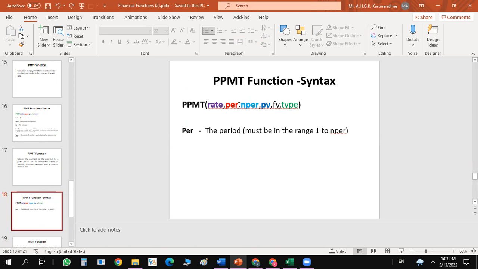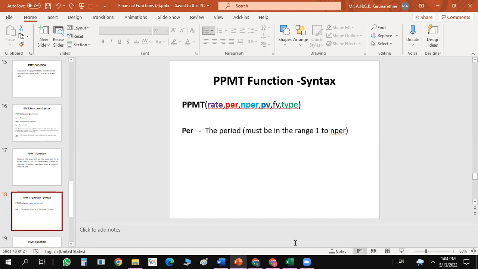PV is the principal value, that means the amount you borrow. Future value, if you expect to generate cash savings, and type, whether you are going to repay at the beginning or end. In most cases you can leave future value and type blank. That means no cash balance is going to be generated, and payment is made at the end of the period.